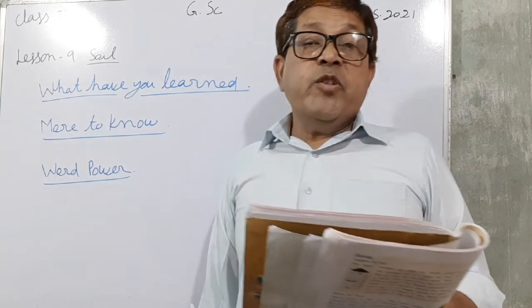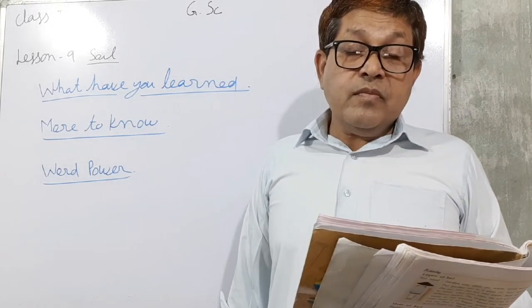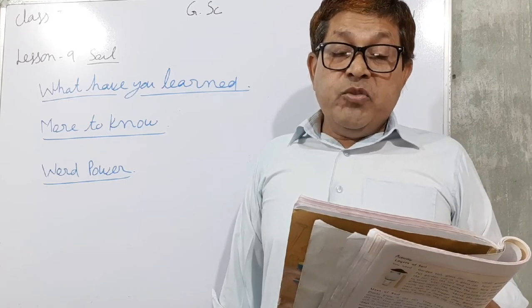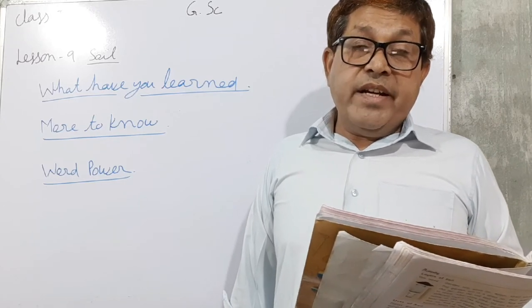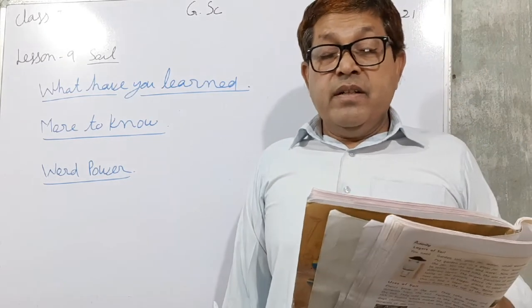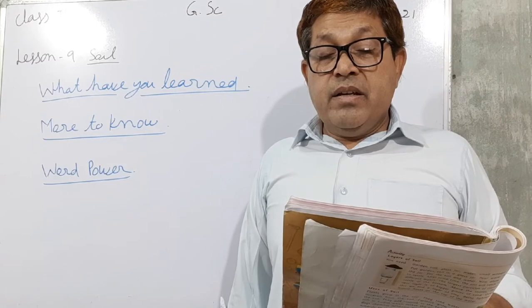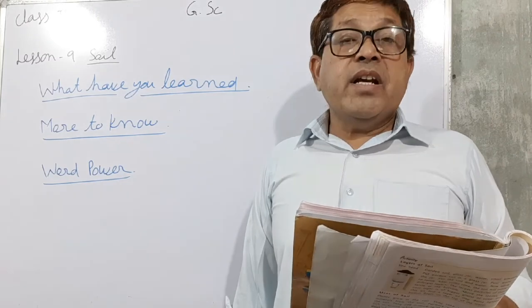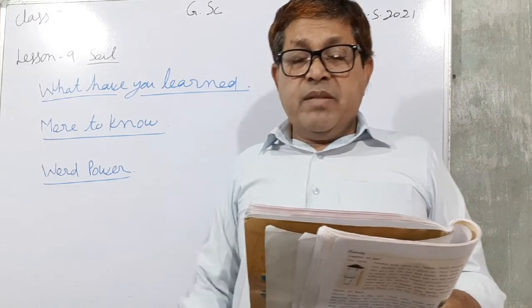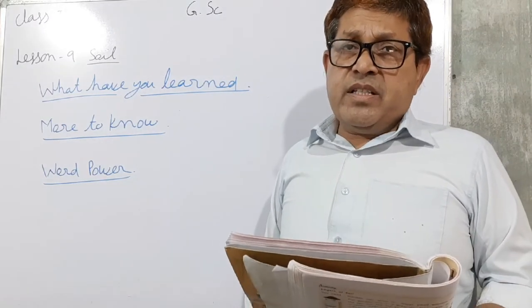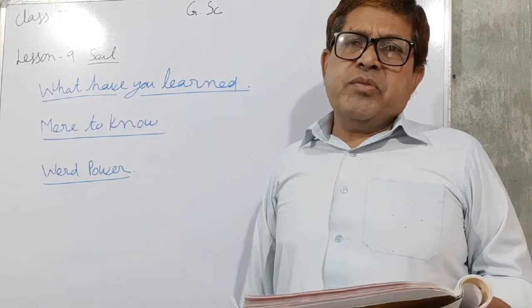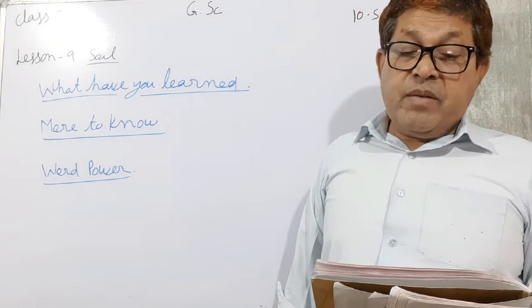Next, manure. Animal dung used for fertilizing land. This is the manure, meaning animal dung, and plant residues are also used for making manures.